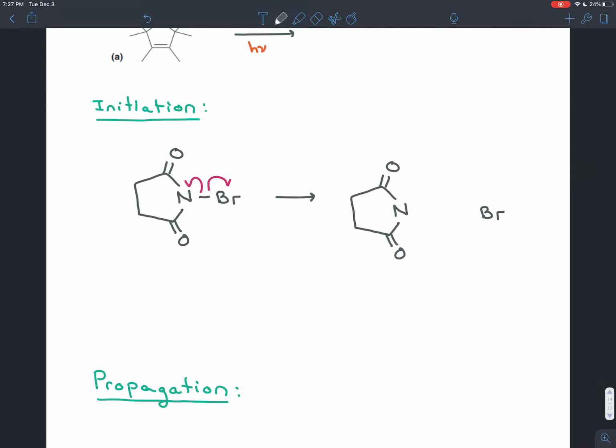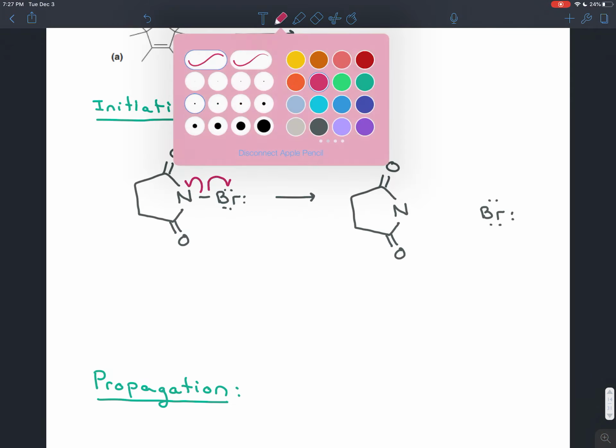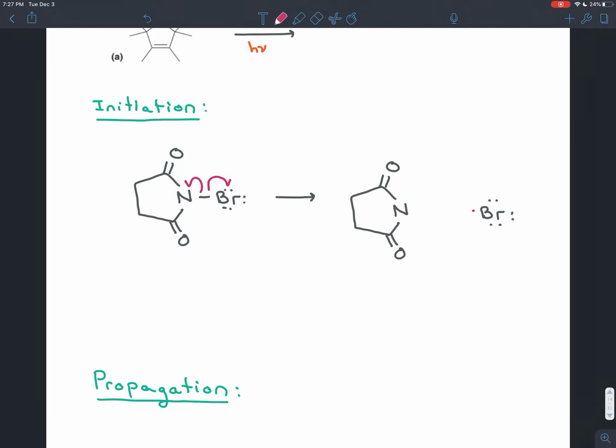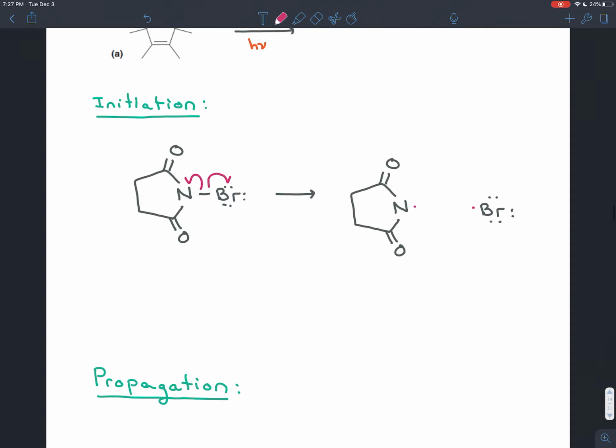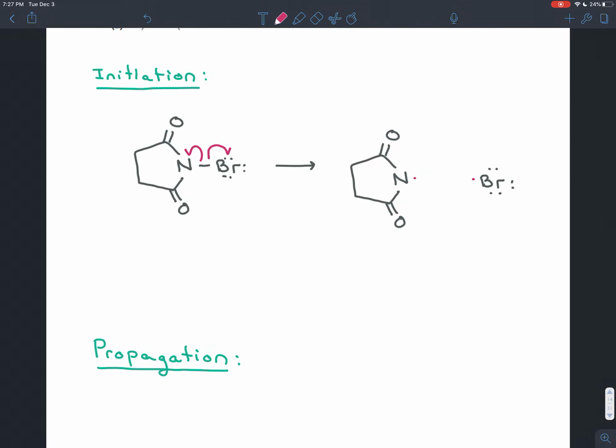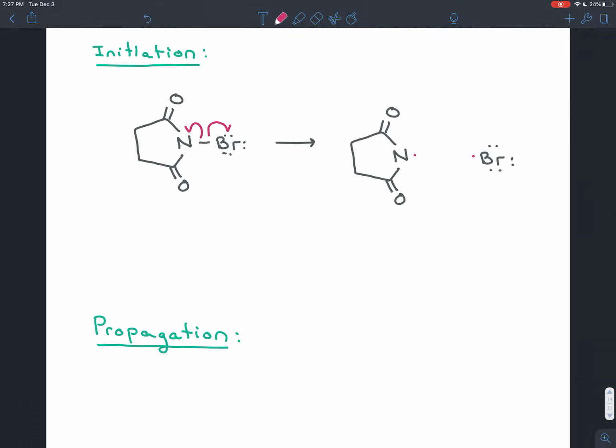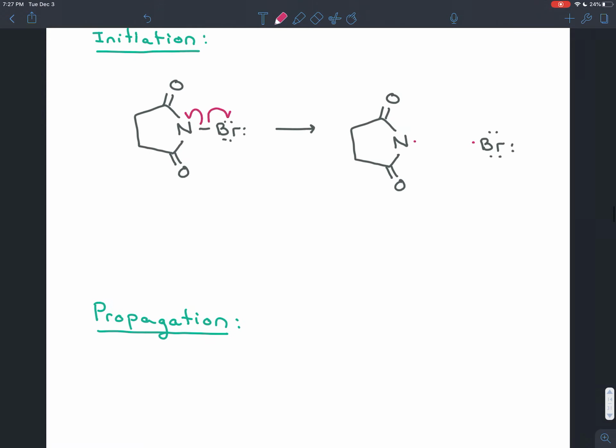This bromine had 3 lone pairs to begin with, so you form a bromine radical, and you form the succinimide radical. So that's the initiation step. Homolytic cleavage to give you 2 radicals. You're starting the story of this radical reaction, initiating it.